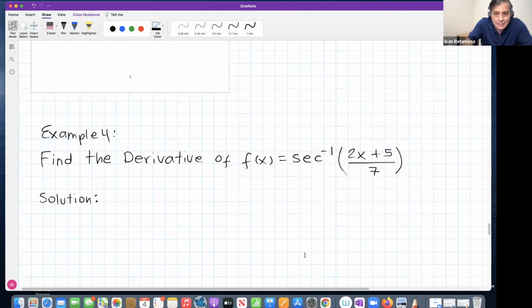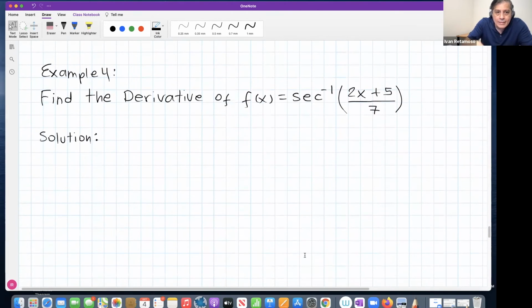Suppose they ask you to figure out the derivative of secant inverse of (2x plus 5) divided by 7. We're going to use a lot of algebra here, but if you do it carefully, you should end up with the right answer. The absolute value function will be involved.